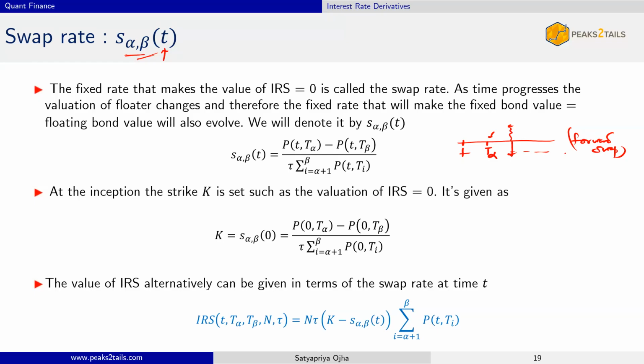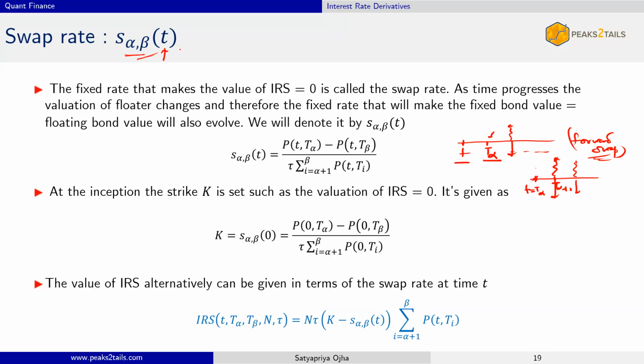And just a swap, a vanilla swap, is when these two dates coincide. Same discussion we had in the floating rate note, right? T equal to T alpha. So this is T alpha plus 1, and here T equal to T alpha. So if you're here, at inception of the IRS, the first floating payment is known. This is known, and then it continues. Okay. So this is just the swap. This is a forward swap.